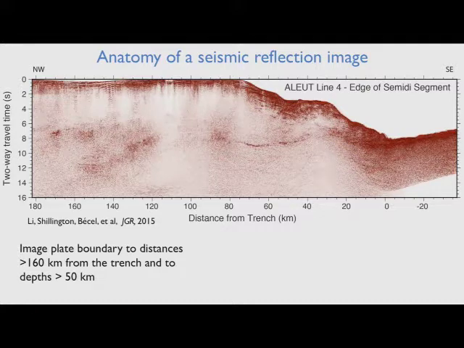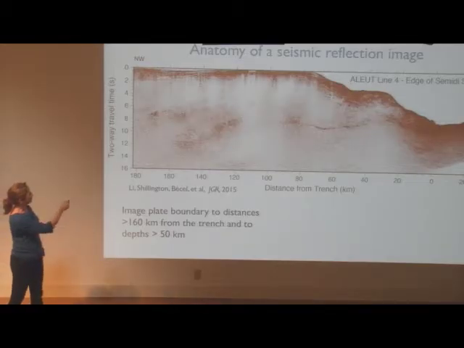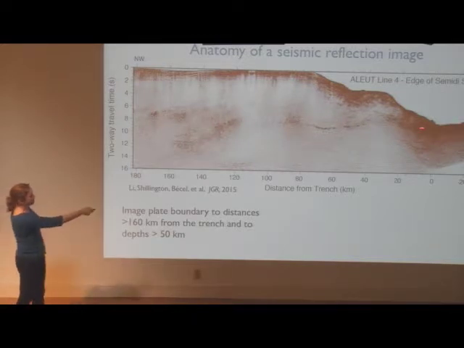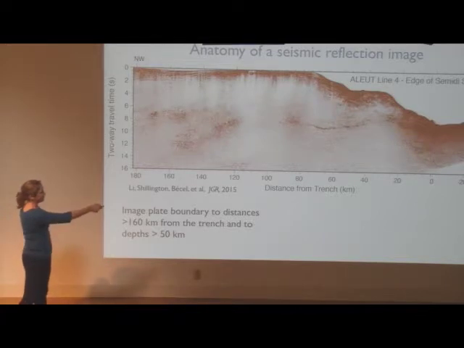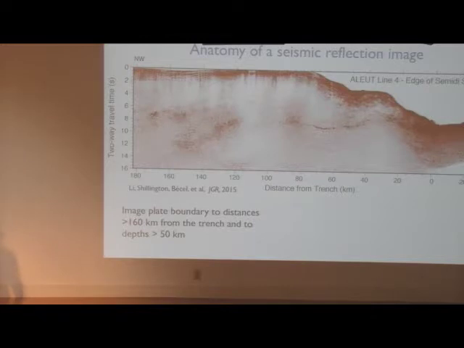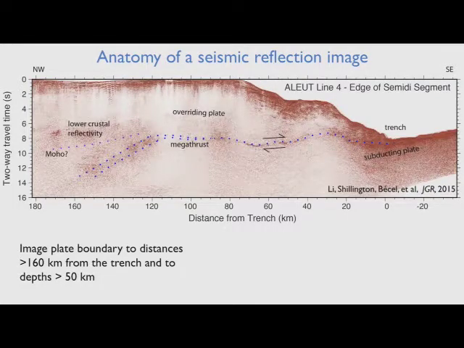And hopefully, looking at this image, you can see this bright reflective stuff. A lot of that is sediments above the crust. But hopefully, even in this unadorned seismic image, you can see some other stuff too, particularly this and this. And these are reflections off of the plate boundary to depths of about the equivalent of 50 kilometers or something like that.